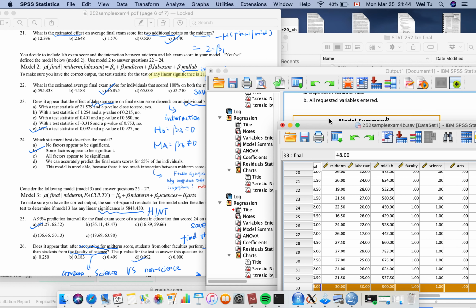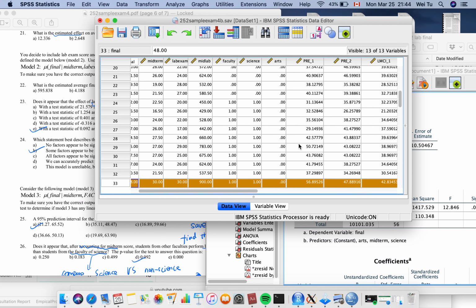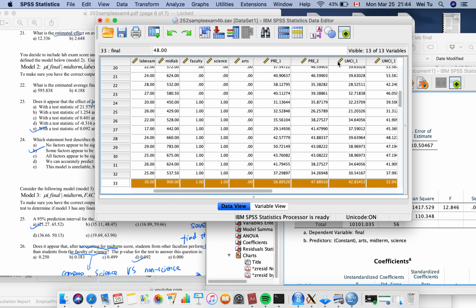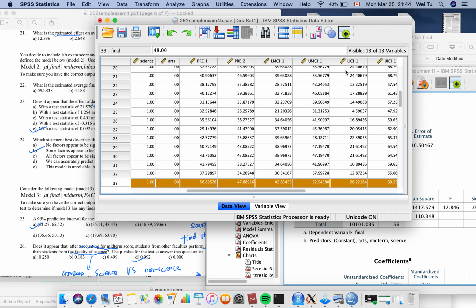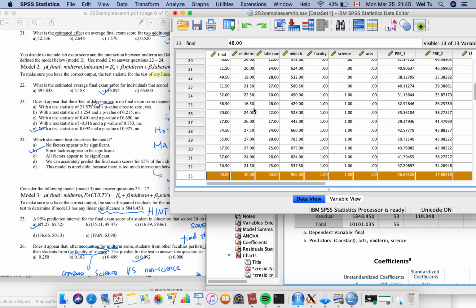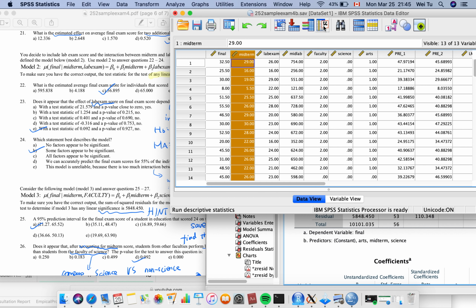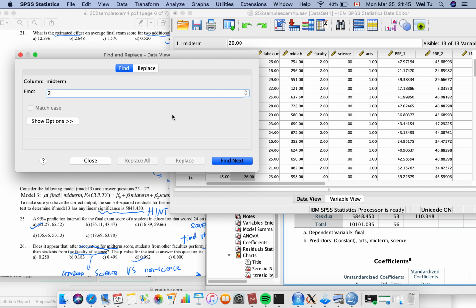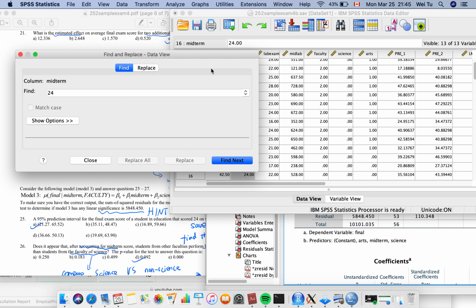Because I just saved a bunch of columns, the intervals are LMCI, UMCI, and so on. Now we want to find someone who has midterm 24. So midterm, select this, search 24, find next.